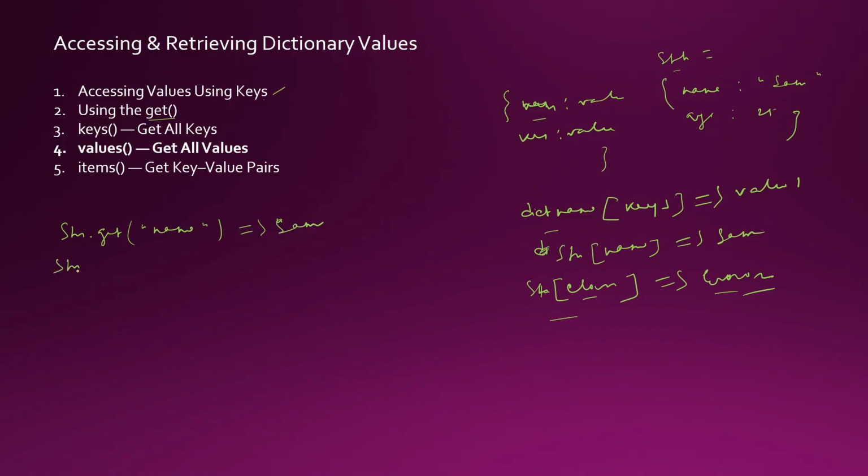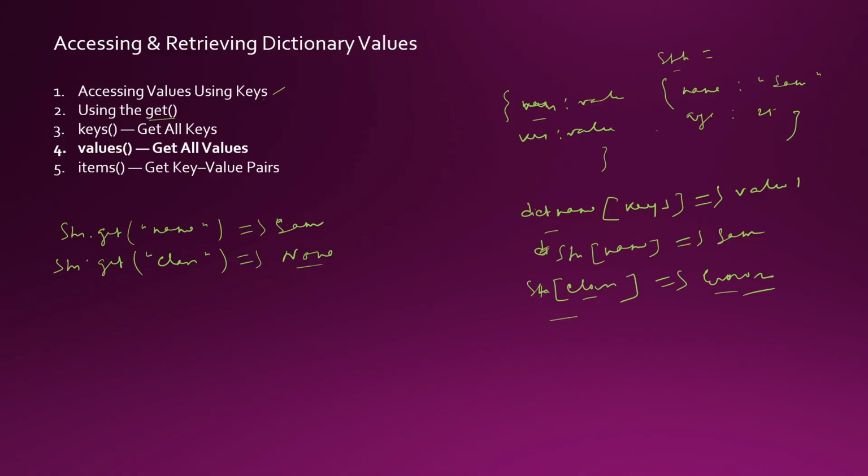Now suppose I mention student dot get and within this I mention class. Do I have a class key in my dictionary? No, I don't. In that case, it will show None instead of giving any kind of error. It will not throw any error, so our program will keep running. It will not stop here.